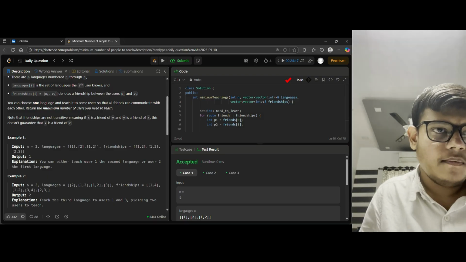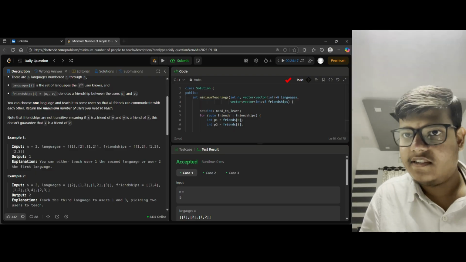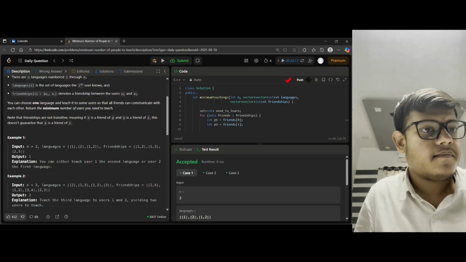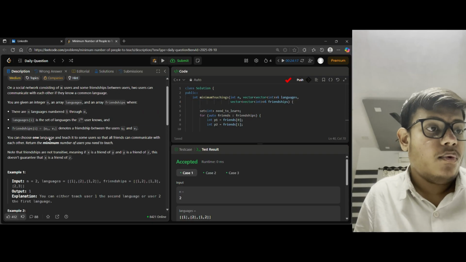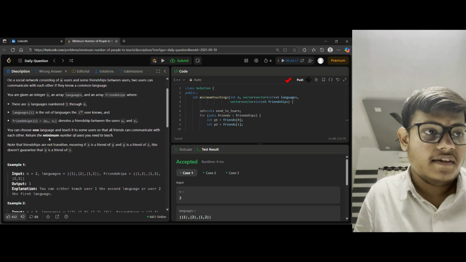So this problem is quite interesting at first place. What we have to do, first understand this.